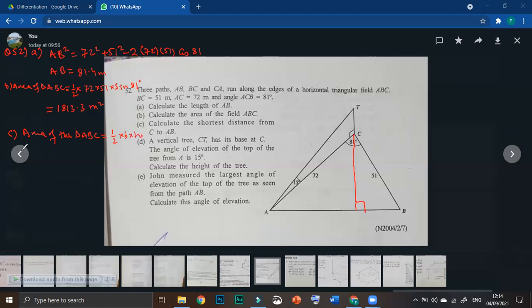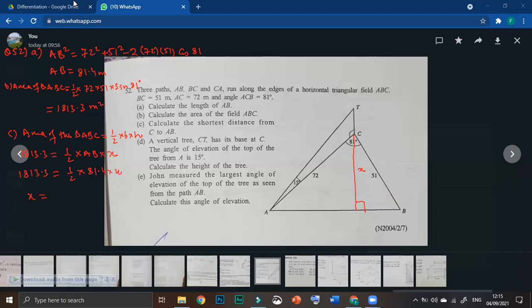Area of the triangle is given, 1813.3, which is equal to half into base, AB. We will take AB as the base and we will take this new length, X, as the height of the triangle. So 1813.3 is equal to half AB, we have already calculated 81.4, into X. So what is the final answer for X?